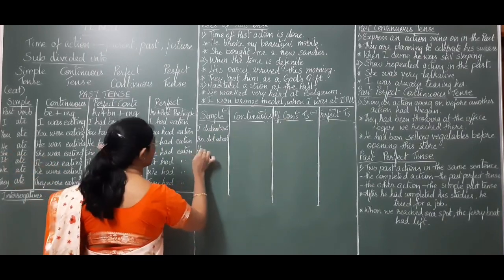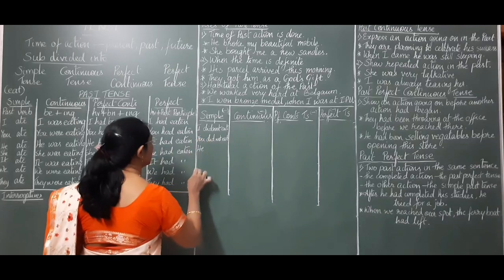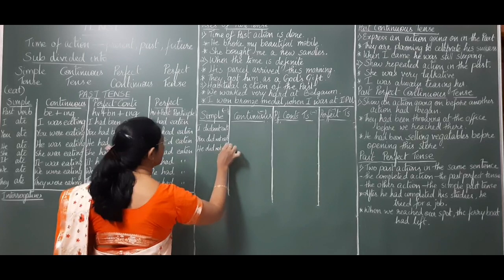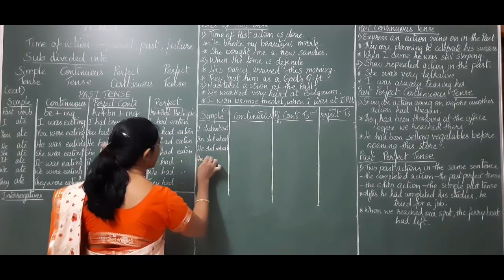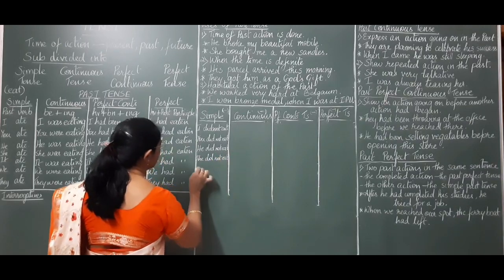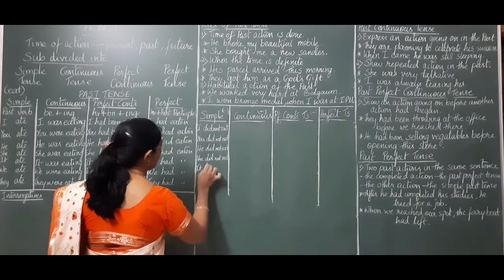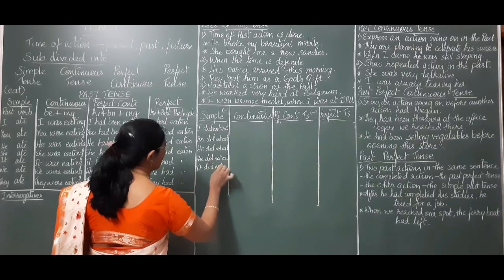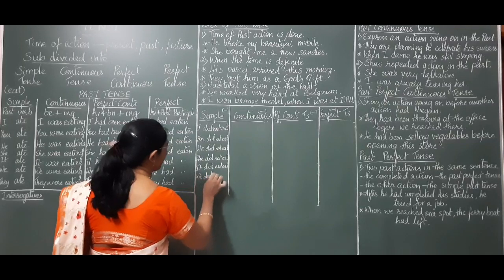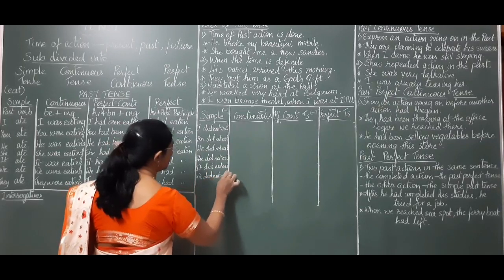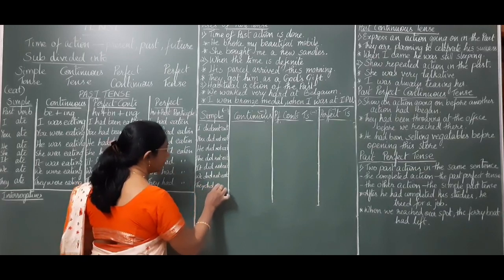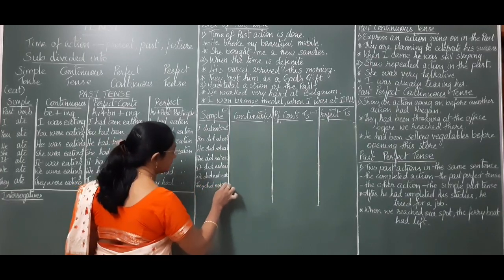He did not eat. She did not eat. It did not eat. We did not eat. Third person plural, they did not eat.